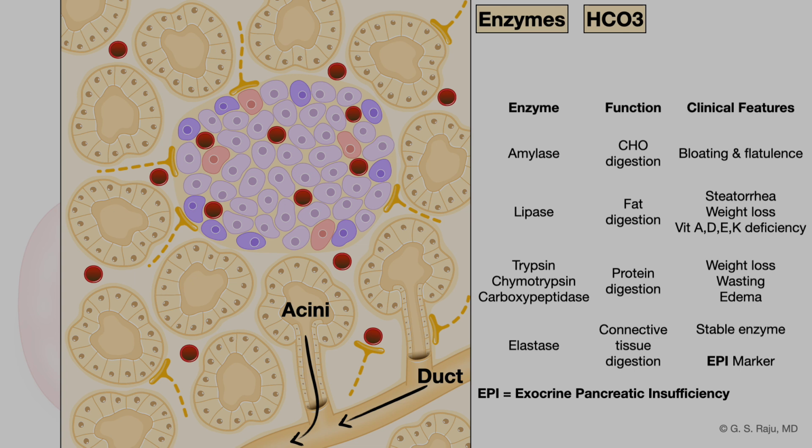That's the first thing. The second one is you want to assess whether they are absorbing enough fat from the meal that they eat. Normally, one should be able to absorb 93% of the fat in the meal. Less than 7% is actually lost in the stool.